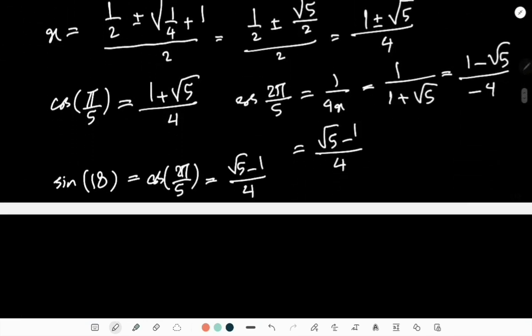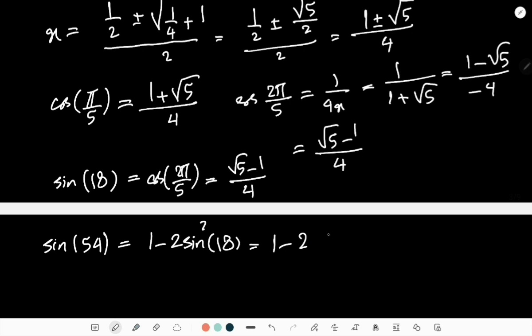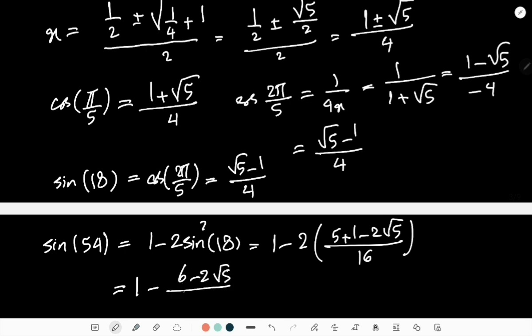Sine of 54 therefore is equal to 1 minus 2 sine squared of 18, and if I replace sine of 18 and raise that to the power of 2, that would be 5 plus 1 minus 2 square root of 5 over 16, which is basically equal to 1 minus 6 minus 2 square root of 5 over 8.